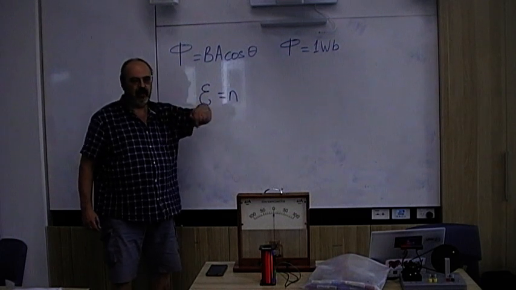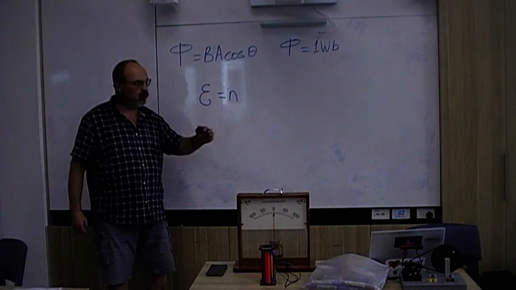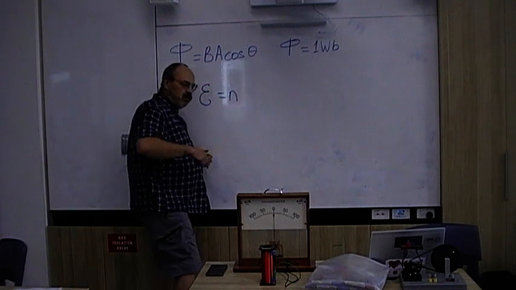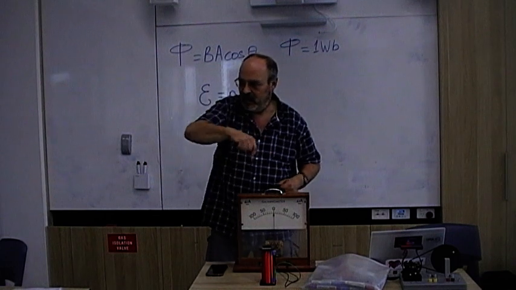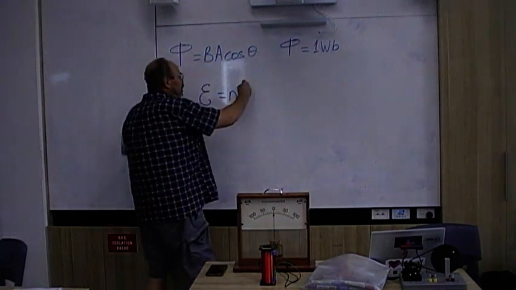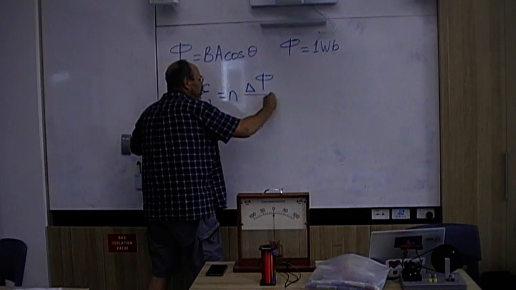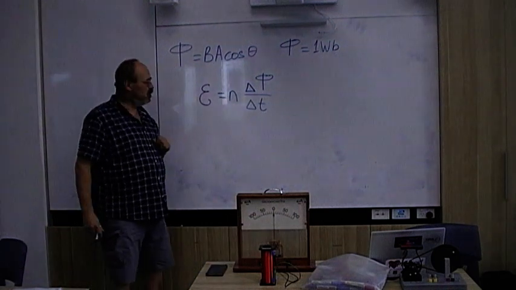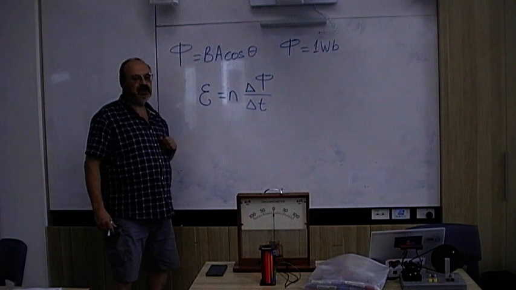When turns are connected in series, we add all of them for total EMF, so we multiply by the number of turns, the number of loops of the wire. And we have the rate of change of the flux: change of flux over the change of time, the period over which this change happened.